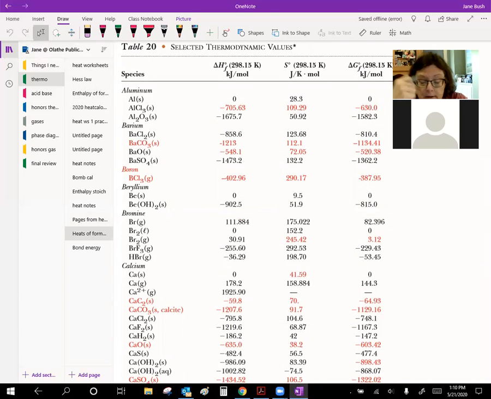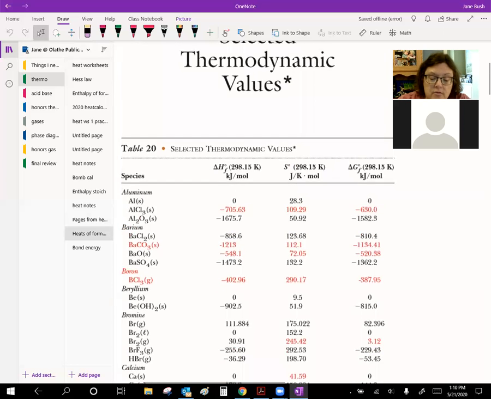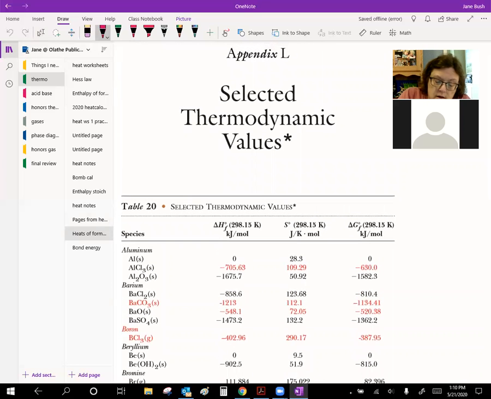You won't have to look them up on a table. But these values are all changes in heat or changes in energy when this substance is formed. So when aluminum metal is formed, we have no change in energy because aluminum is in its basic state. It's an element. So there's no change in energy.